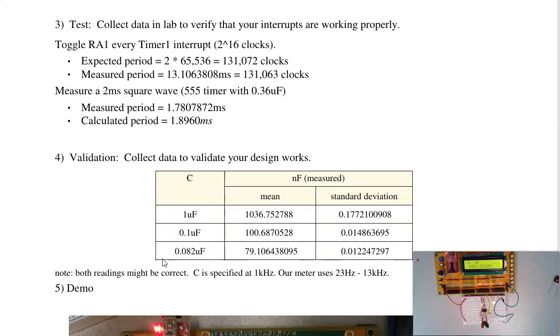To test this, I'll toggle RA1 every timer 1 interrupt, and the net result is 13.106 milliseconds. So basically timer 1 is running in the background correctly. Another way to check is to measure a 2 millisecond square wave.